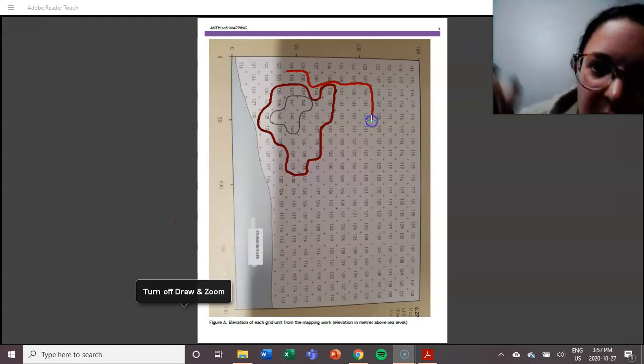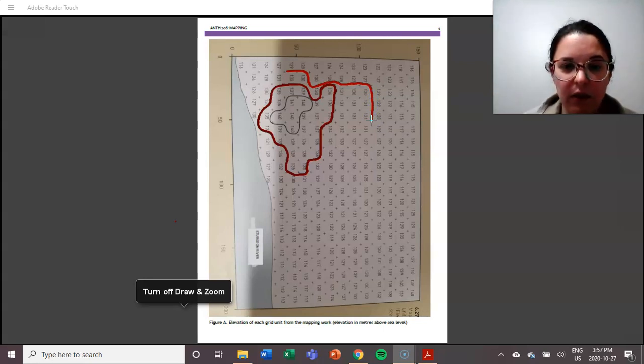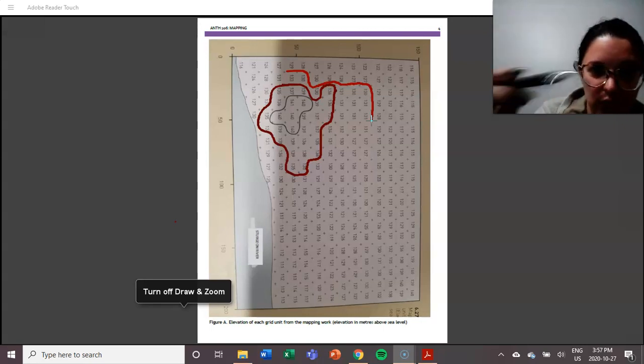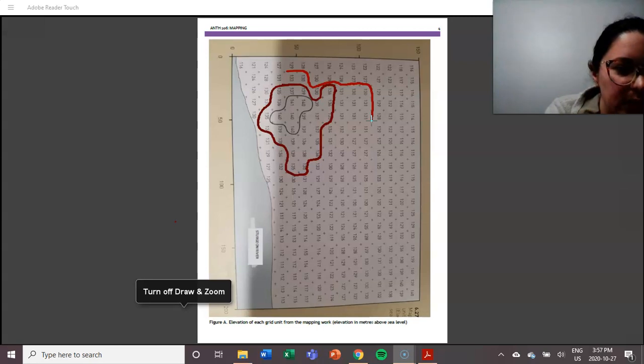I'm going to keep going until I finish off by completing my 150 meters above sea level contour line. So you'll have several lines on your paper. I believe there are 6 in total that you're going to have.